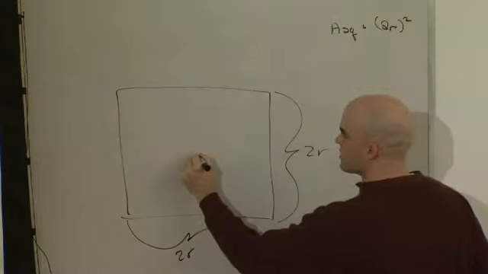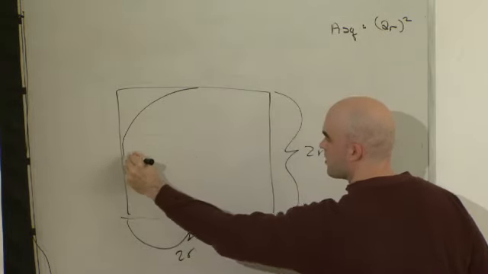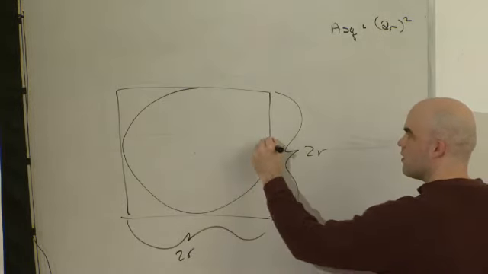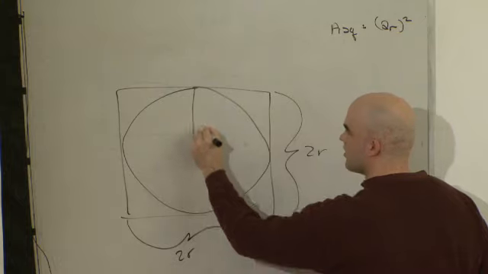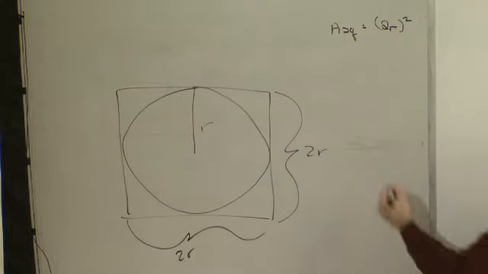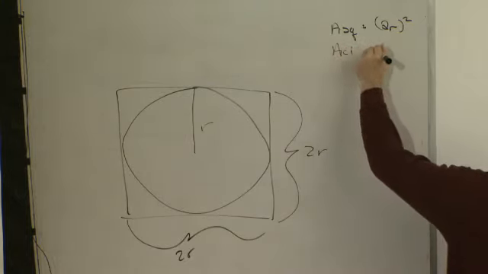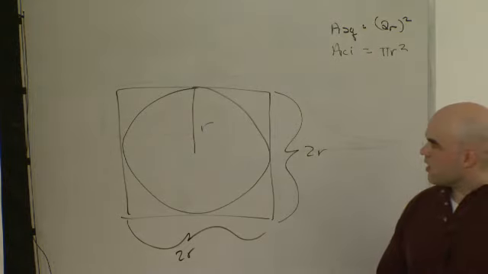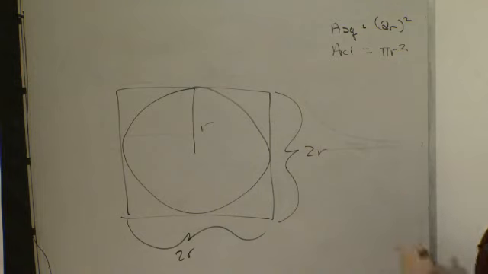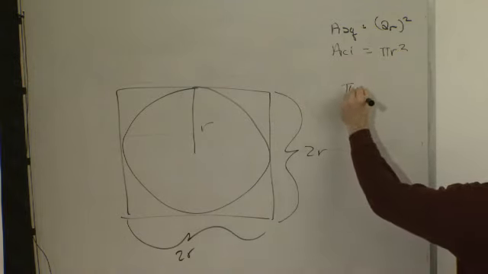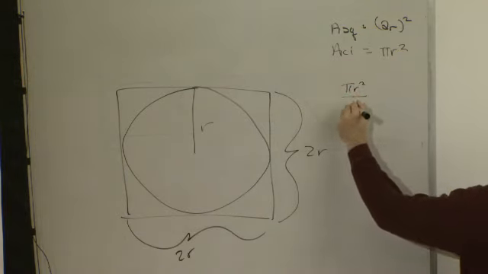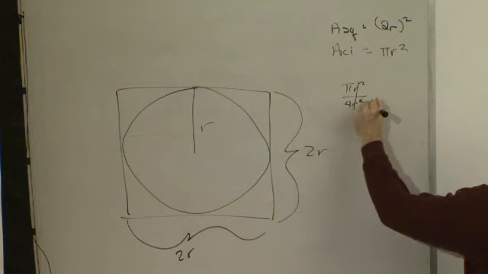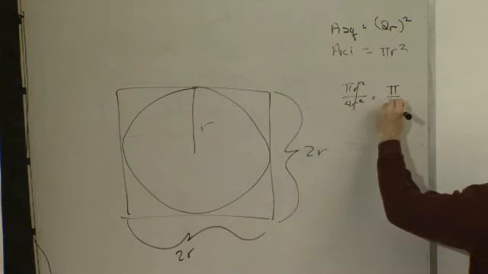Now we have a circle that's inscribed in the square, and it's got a radius of r. So, area of circle. If we take the ratio of the area of the circle to the area of the square, then we find we have pi over 4.